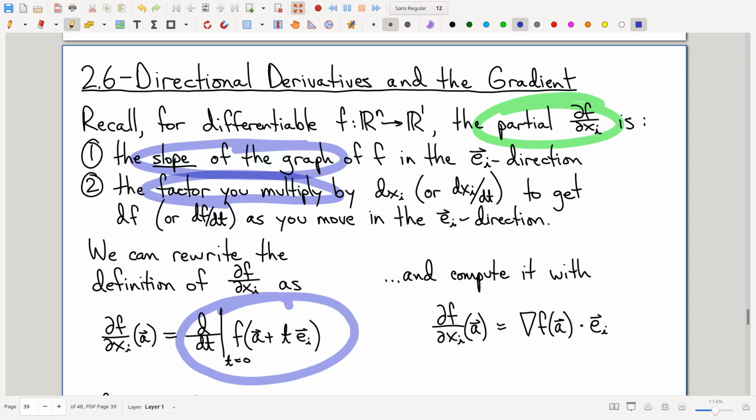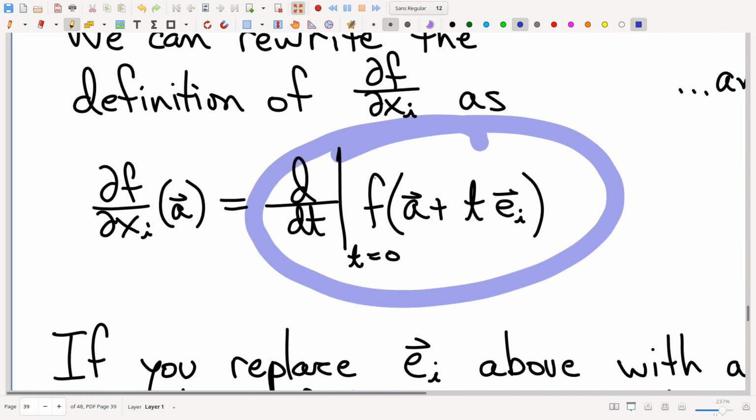This on the right says, suppose I'm starting at some point A, and then you'll notice this construction, A plus t times a vector. This is a parametric line that says I'm going to start at the point A, and I'm moving in the direction of this vector, which is in the direction of the xi axis.